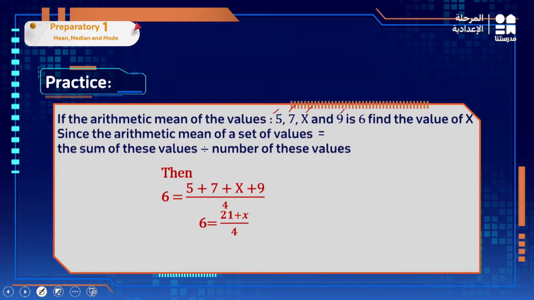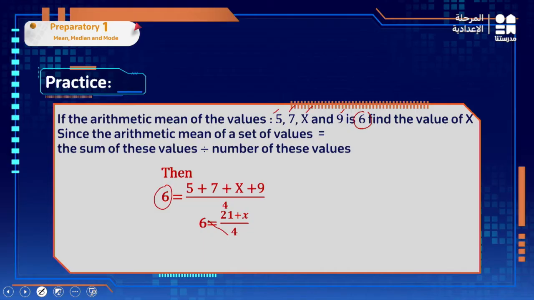Then we will write them equals 6. Why 6? Instead of the mean, I will write 6. And when we add 7 plus 5 plus 9, we will get 21 plus x over 4 equals 6.